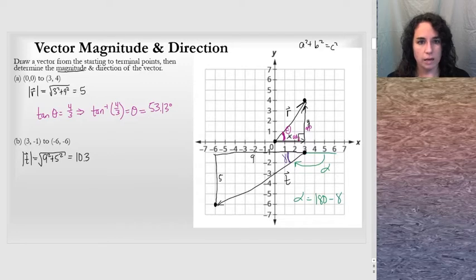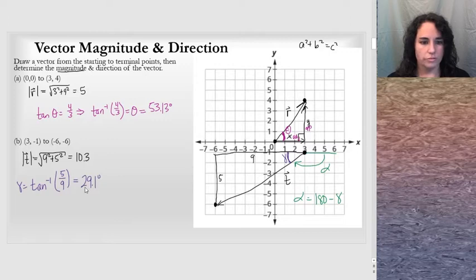I can find gamma. Gamma will equal the inverse tangent of the opposite over the adjacent, which is 5 over 9, right? 5 is across, is the opposite. 9 is adjacent. And when I calculate this, you can run this through the calculator, you will get 29.1 degrees. Makes sense.